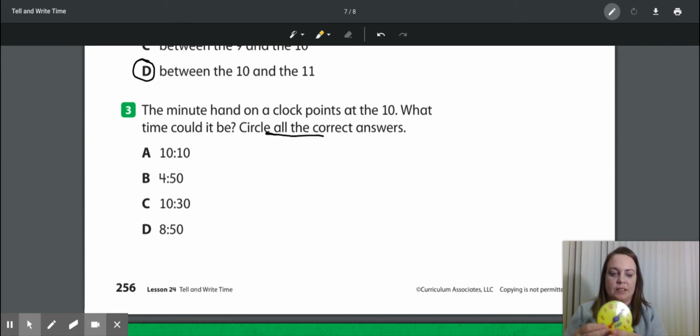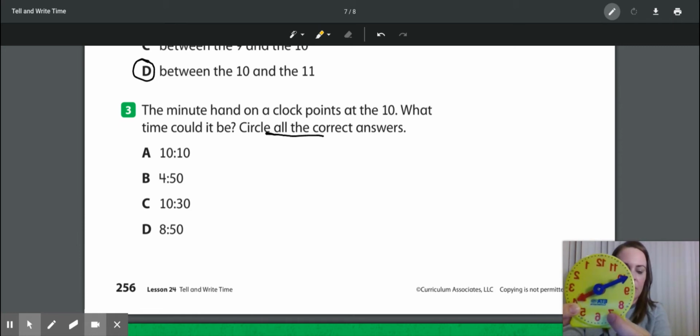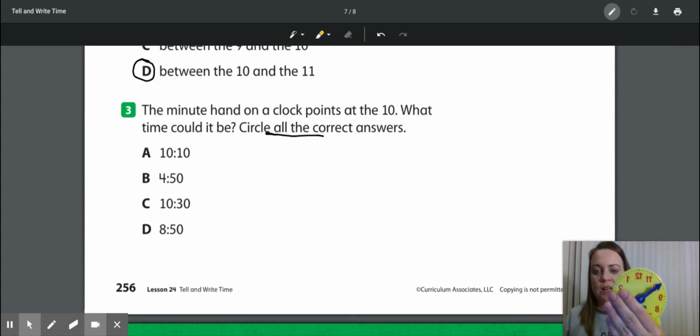We have to find a time that ends with, let's count, 5, 10, 15, 20, 25, 30, 35, 40, 45, 50, because that's where that minute hand stops. It's at 50 minutes. Again, we're not worried about the hour, just the minute.